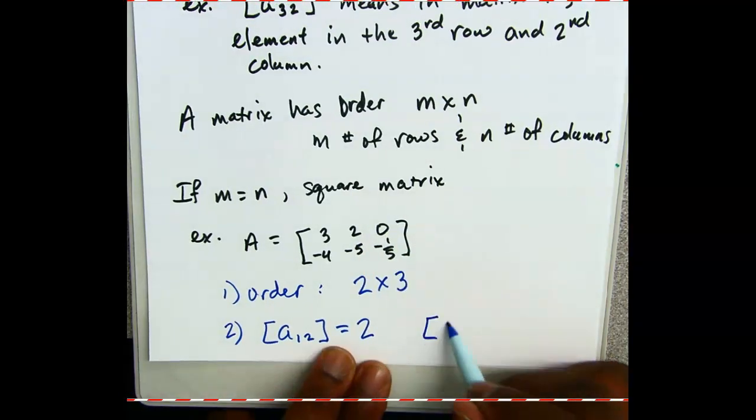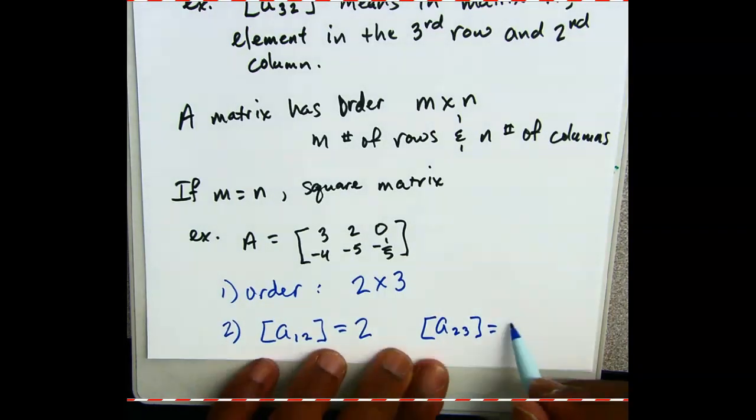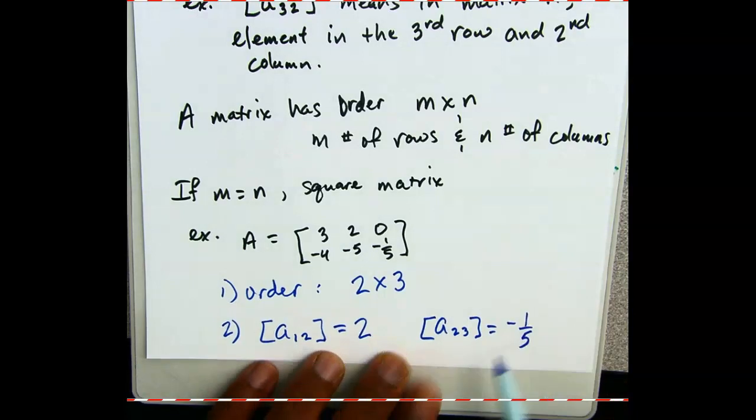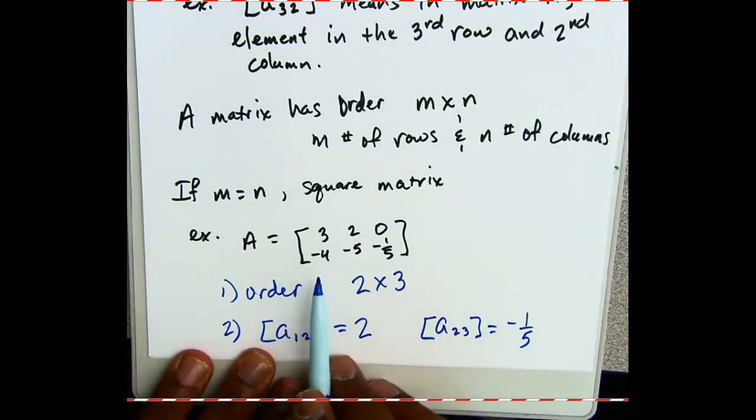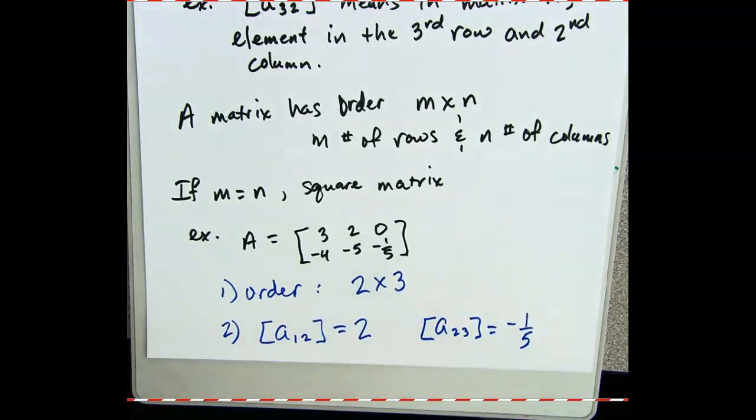How about a sub 2, 3? Which element is a sub 2, 3? Negative 1 over 5. So that's the element that's in the second row, and it's in the third column, so it would be negative 1 over 5.